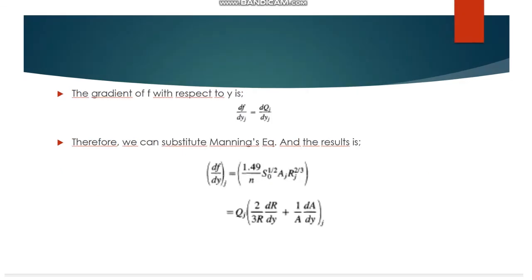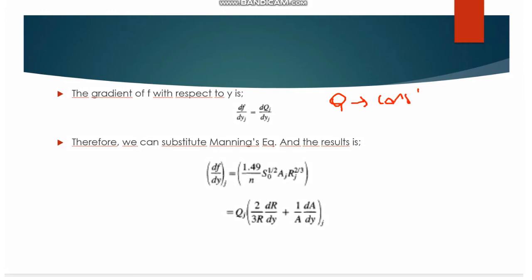In order to use Newton's equation, we need to take the derivative, or gradient, of f with respect to y. So df over dy is dQj over dyj, because Q, which is the actual value of this flow rate, is constant.